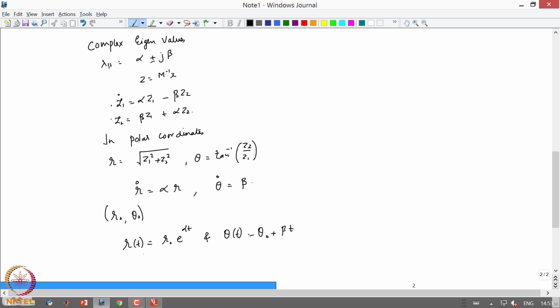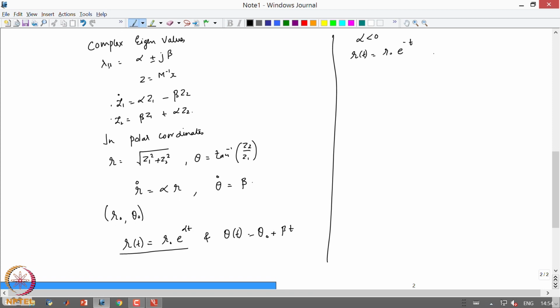Okay. So, this is interesting here, right. If I am looking in the polar coordinates, I am looking at the radius, which has an exponential term depending on t. What happens to the radius when alpha is less than 0? Say alpha is minus 1, r of t is r 0 e power minus t.